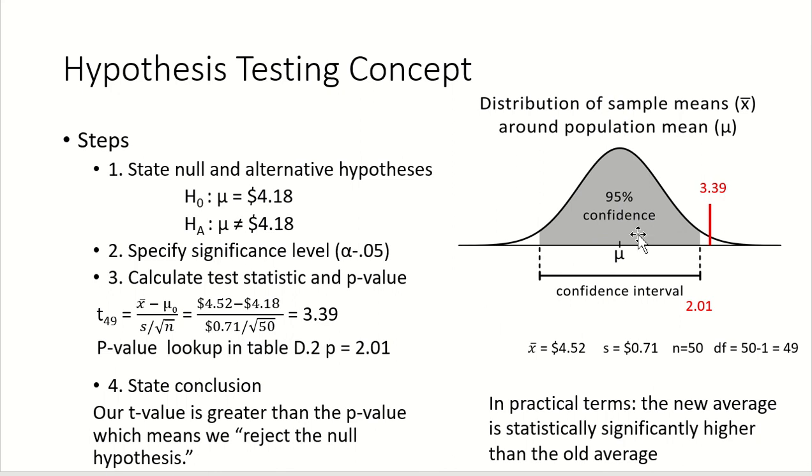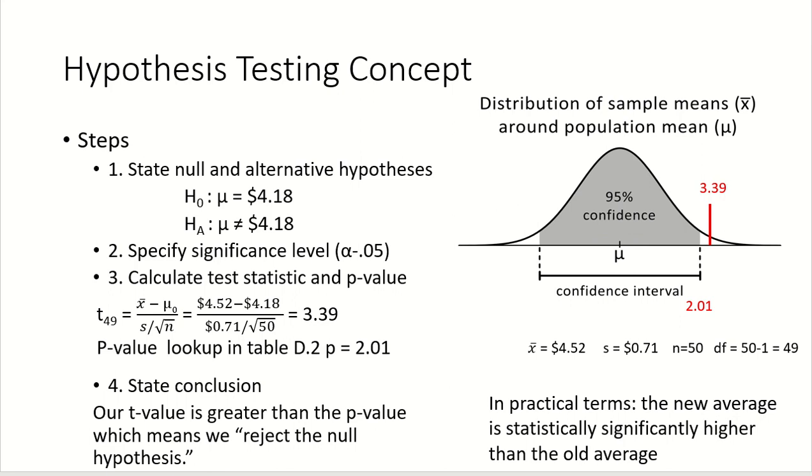The null hypothesis is that it lives somewhere in this range. We have just gone through and found no, it really lives over here in this range now. So we reject the null hypothesis, which means that the average is no longer $4.18.